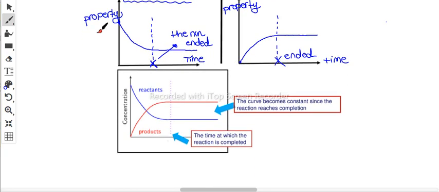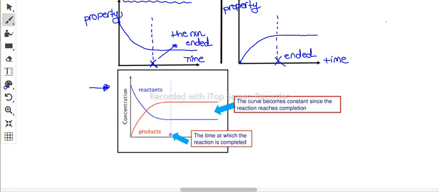I've got here a figure that presents both graphs joined together. In the red color, I have the products that start from 0, then increase per unit of time. And on the blue color curve, I have the reactants that decrease per unit of time.